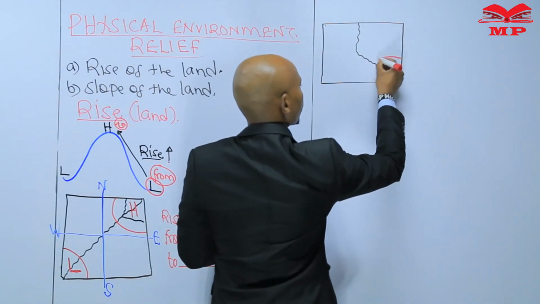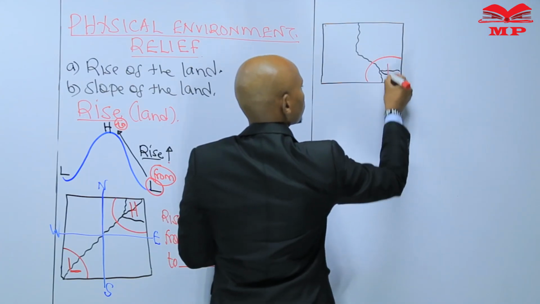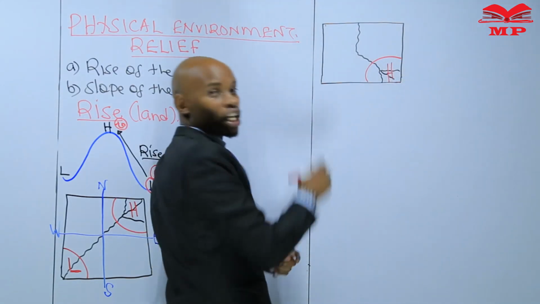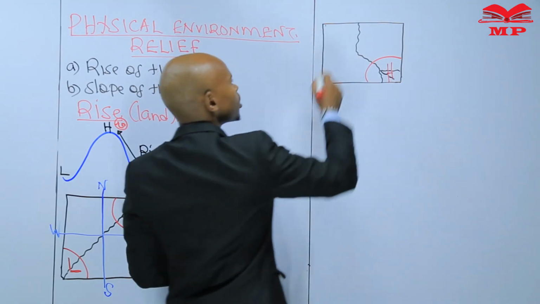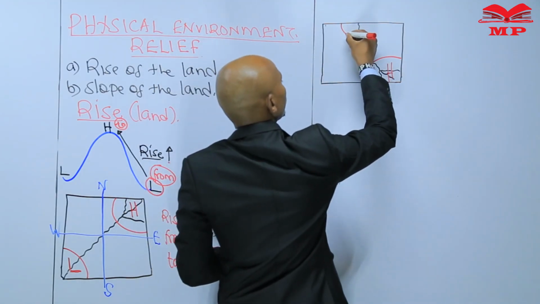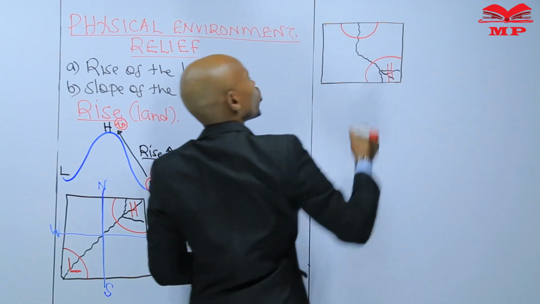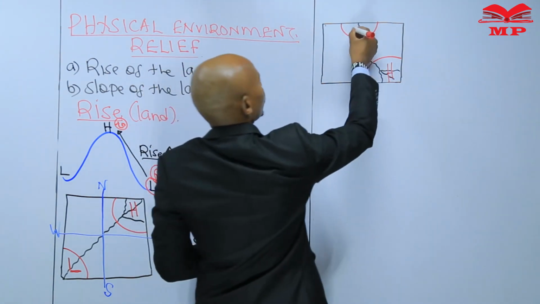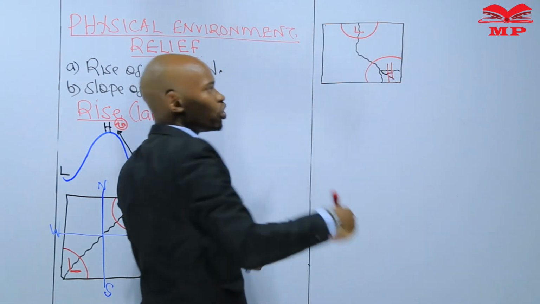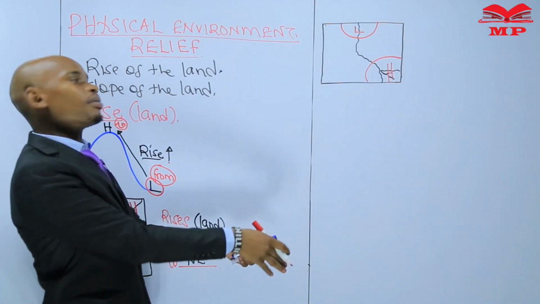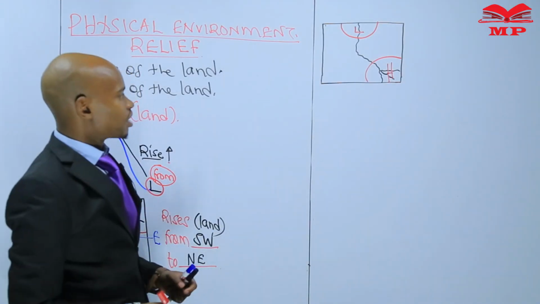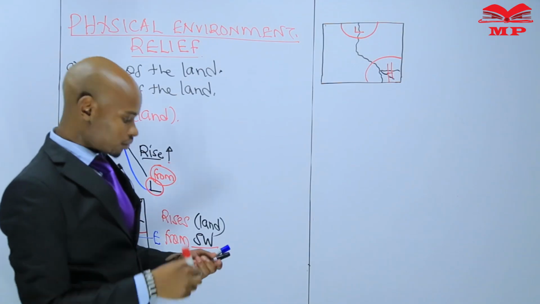So this area around here is a highland, because that's where the river has its source. So that's the highland. And where the river drains its water to, of course, it is a lowland. Lakes or oceans or swamps are found in the lowland of that area, because that's where the water is being drained to by the river.